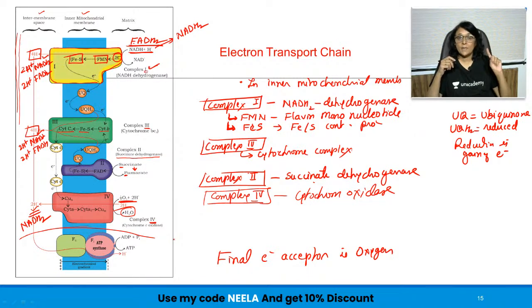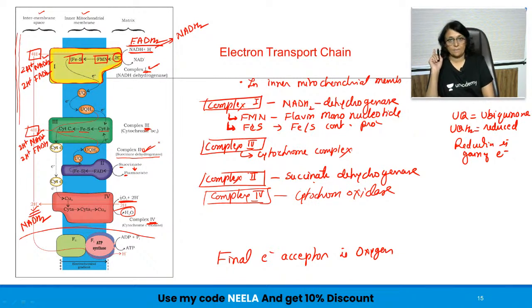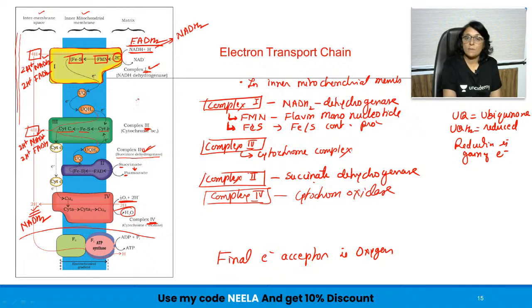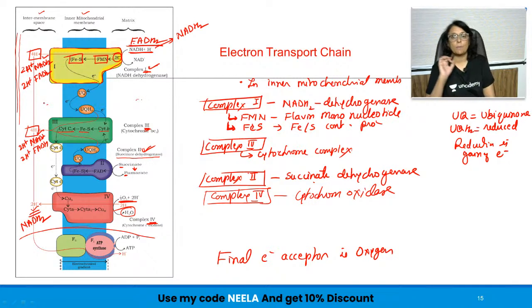Which are these complexes where energy is released? Complex 1, complex 3 and complex 4. Complex 2 is mainly acting as an enzyme. Wherever energy is released, a proton will be pumped from the matrix into the outer compartment.